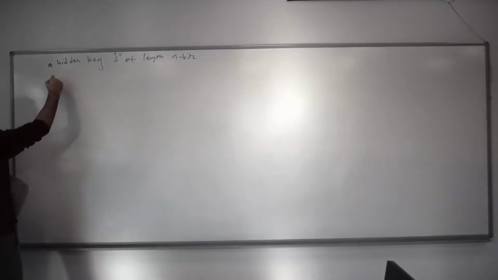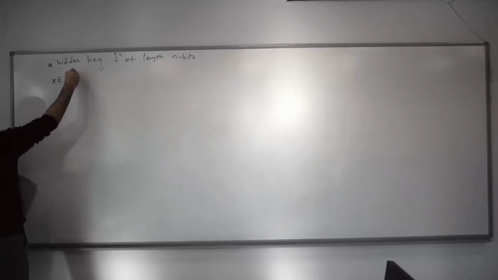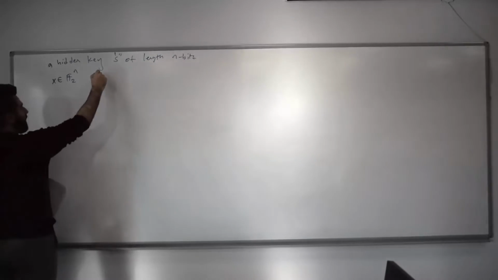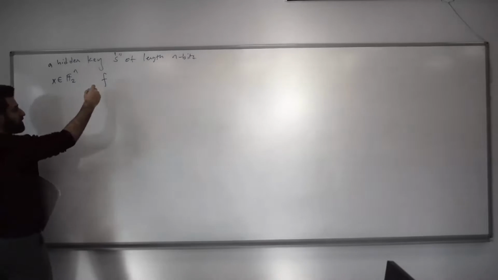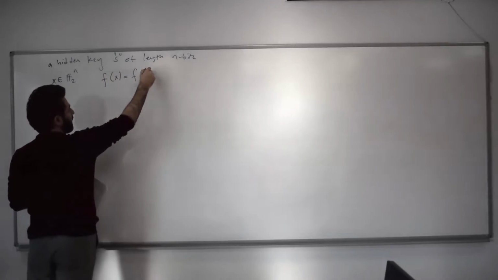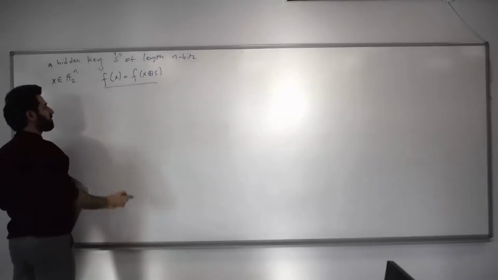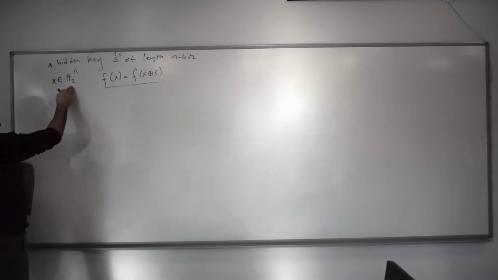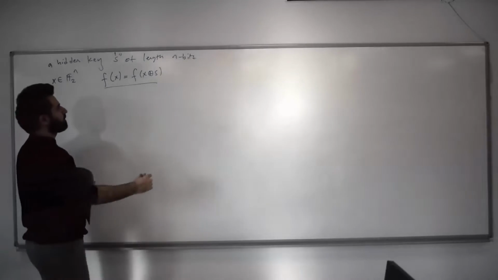You expect to find this S such that for any x value in, for example, let's say a binary domain of n bits, this function has this property that x and x XOR s give the same answer, for any x. And you're trying to figure out this s. What is this s?